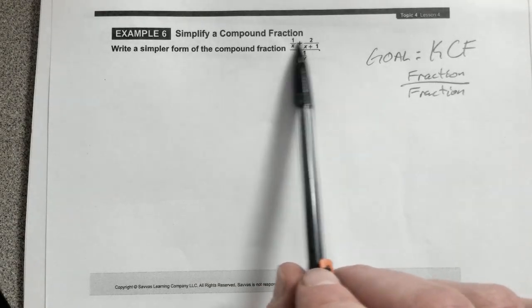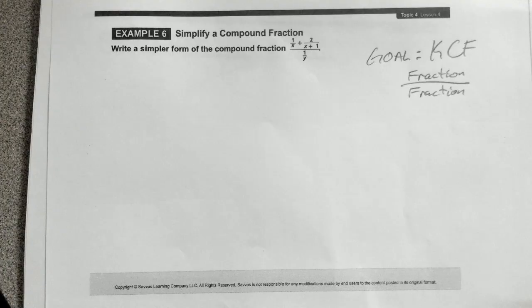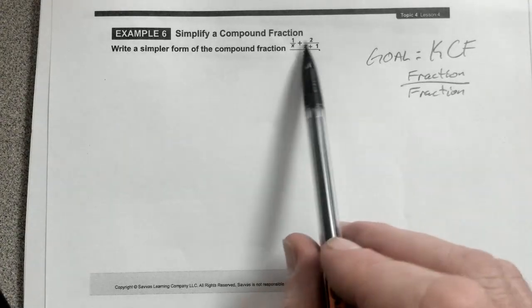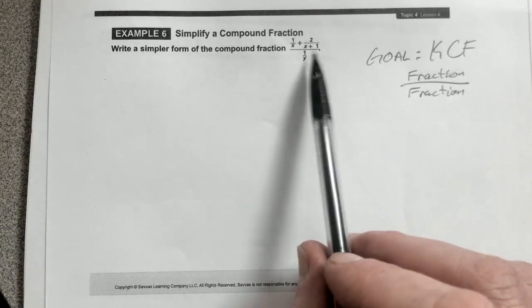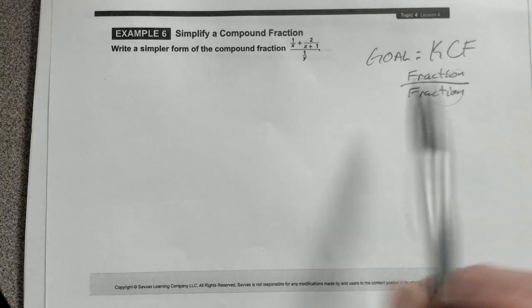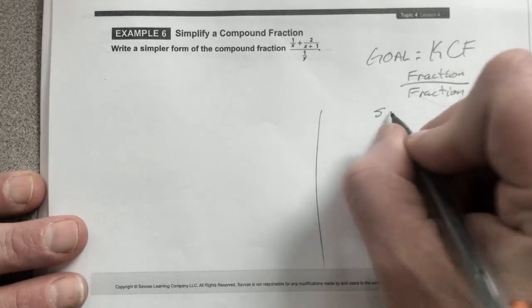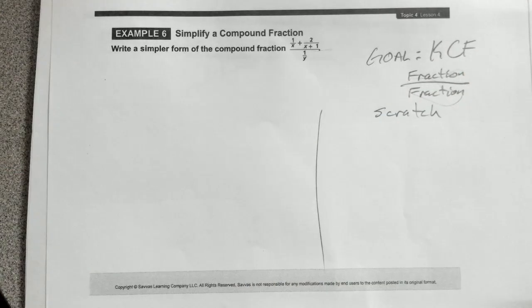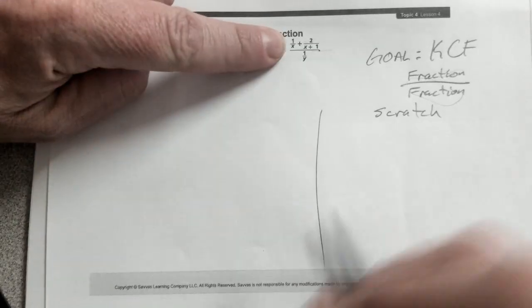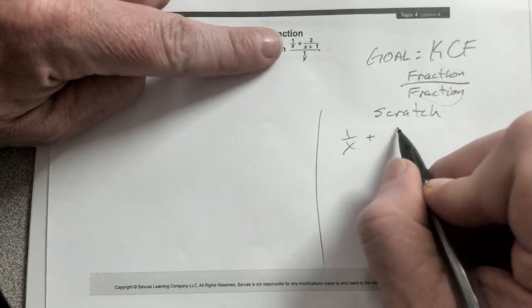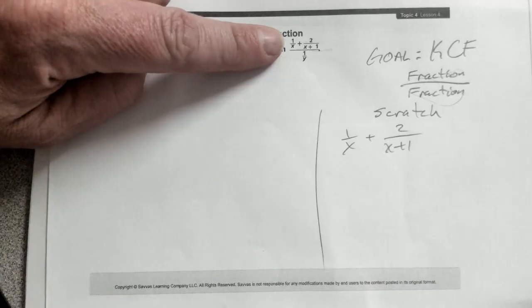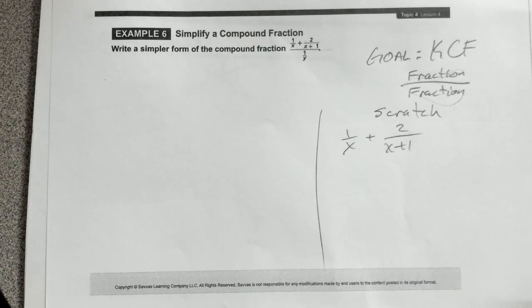Yeah, let's add the fractions on top. And when we add those two fractions on top, we'll have a single fraction that will be divided by a single fraction. So, here's my scratch work. We have 1 over x plus 2 over x plus 1. Nobody in any other class answered that question, so don't feel bad. Oh, okay.